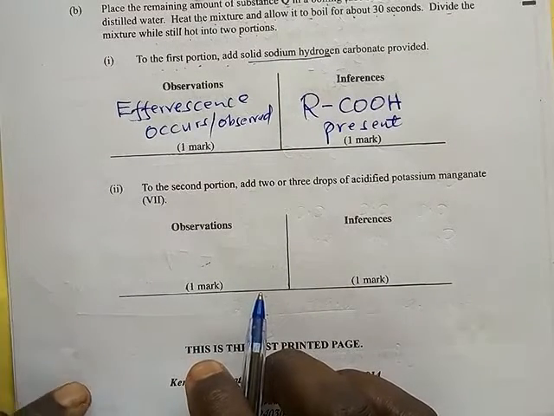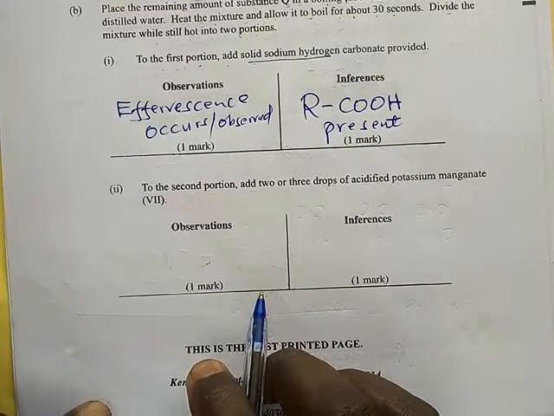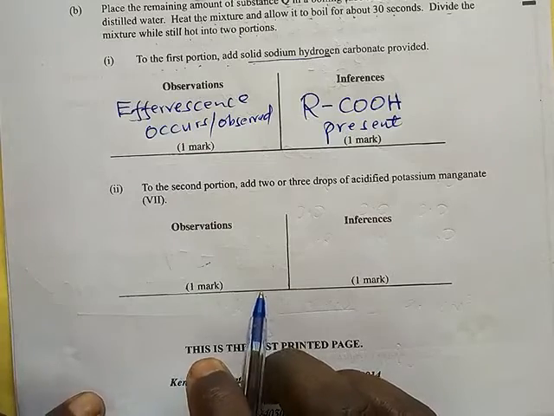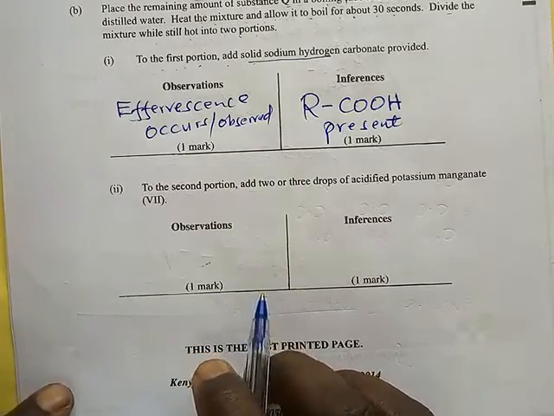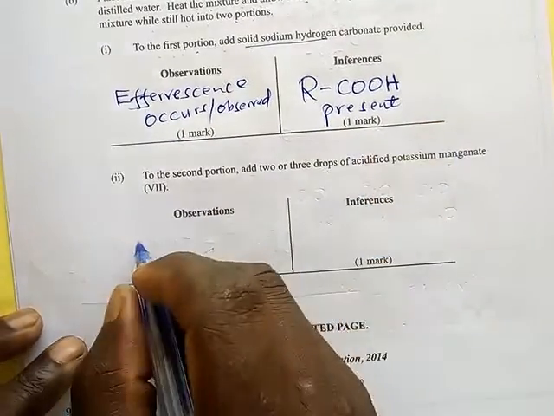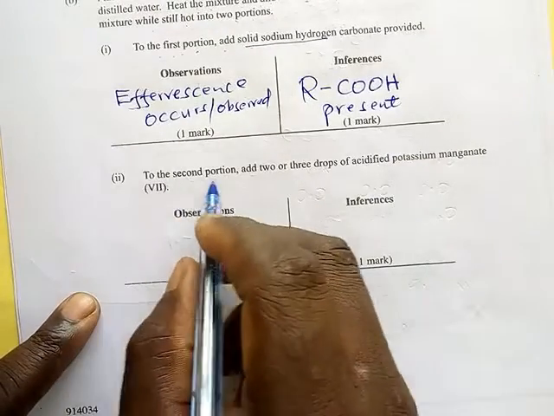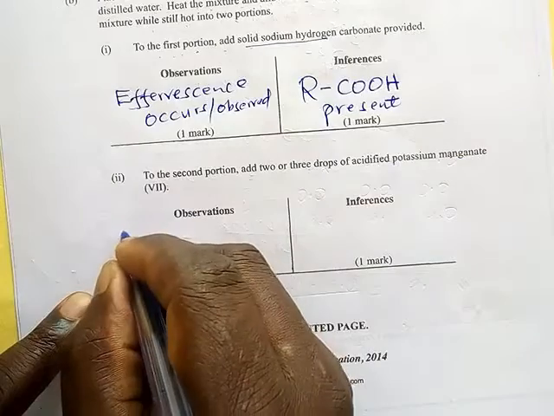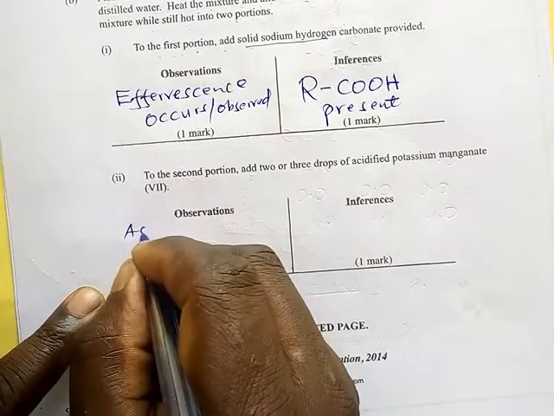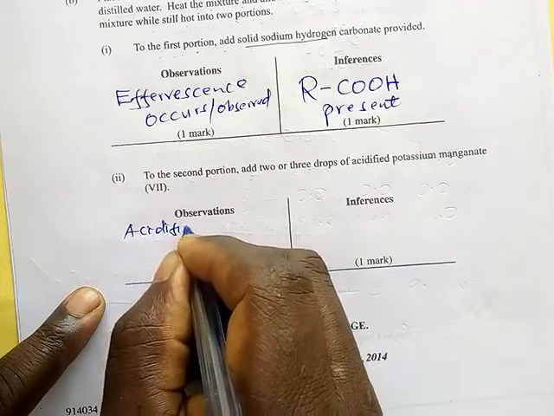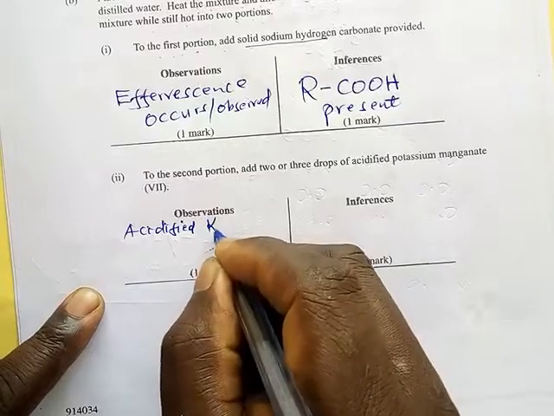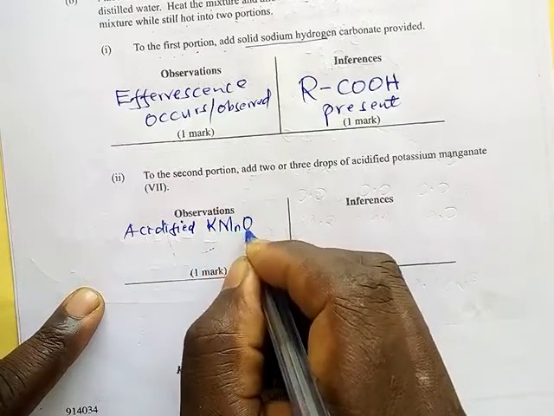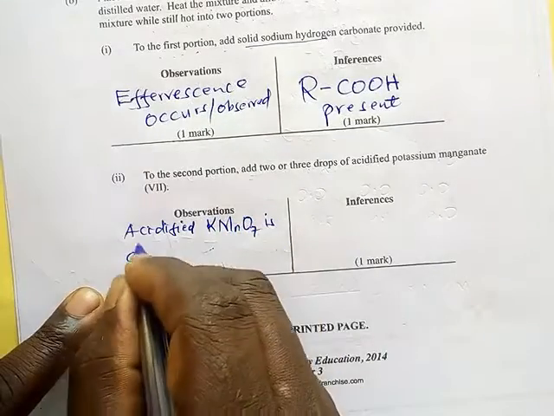To the second portion, add 2 or 3 drops of acidified potassium permanganate, which is purple. The acidified potassium permanganate is decolorized.